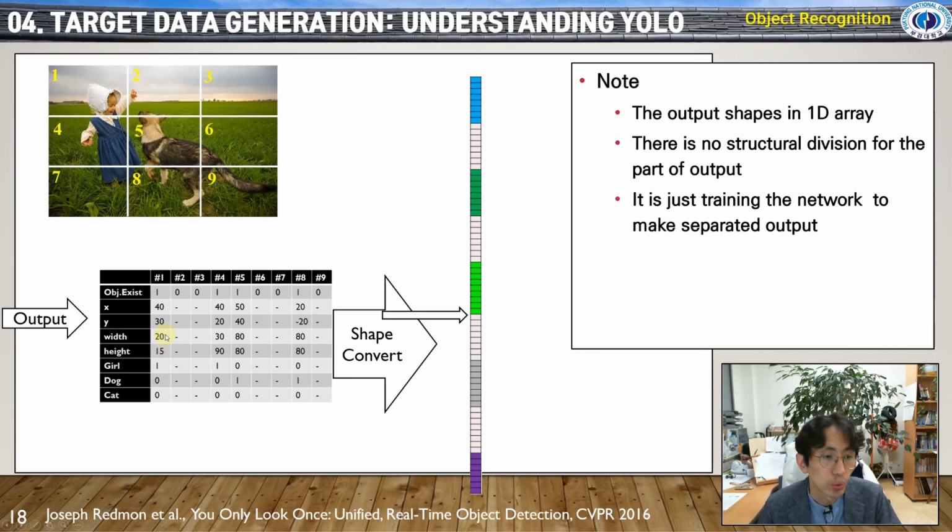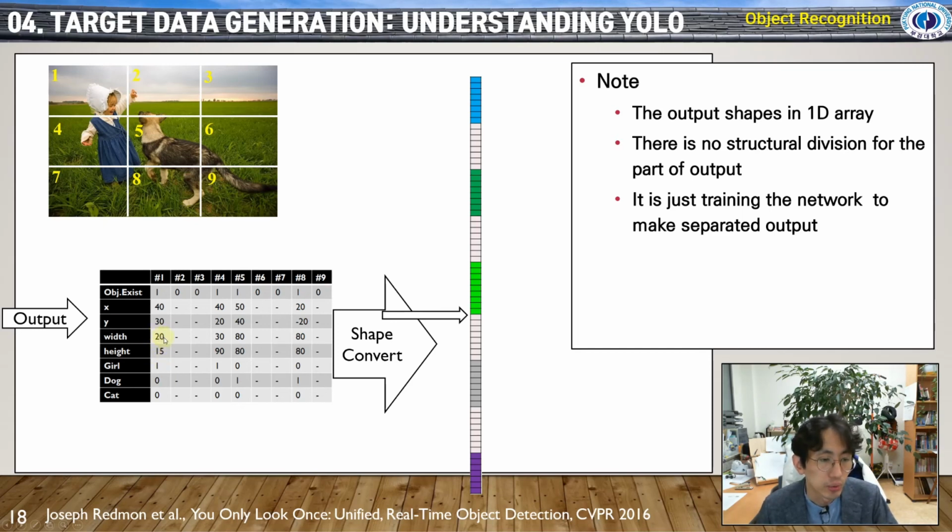When we are calculating the width and height error losses, we need to calculate the square root for width and height, and then calculate the difference after that. So that is the way of YOLO.